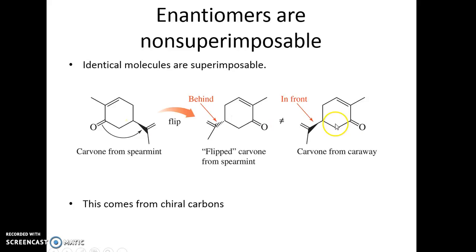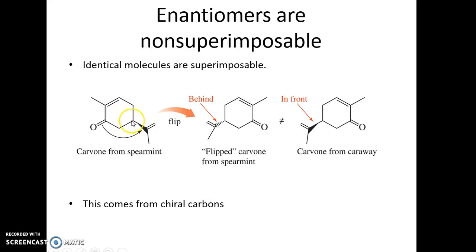But if I make the mirror image, you can see this is up. And if I were to flip it over, it would then be down. I wouldn't be able to fit this inside of this, because this flipped over would make it down when the ketone is pointing over here to the left. That's what makes a different flavor.